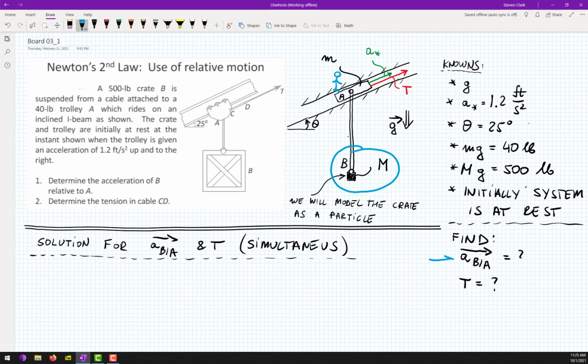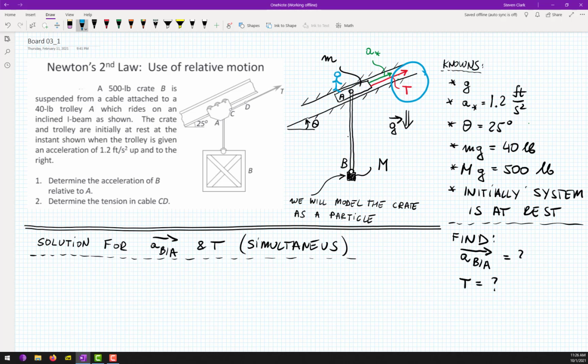And also they ask us to find what is the tension in this cable that pulls the trolley up, that red T. Wow, a lot of things to do, guys.